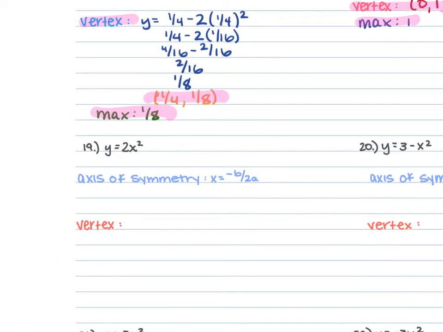For 19, we have 2x squared, so our a is just 2, our b is 0, and our c is 0. So our axis of symmetry is going to be x is equal to 0. Our vertex is just going to be 0, 0. And we're going to have a minimum value, because a is positive, at 0.